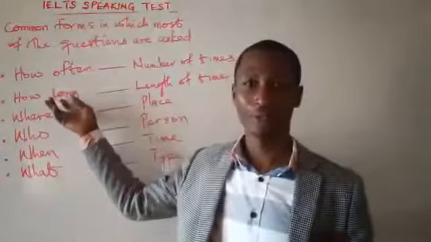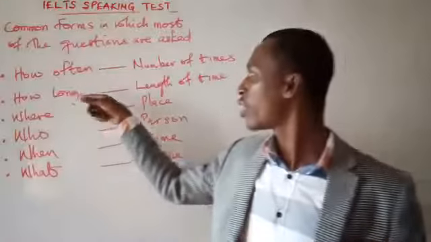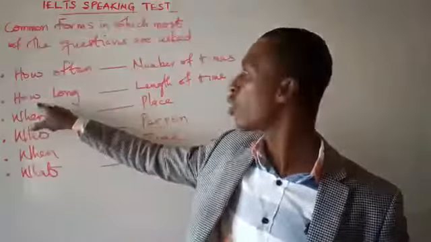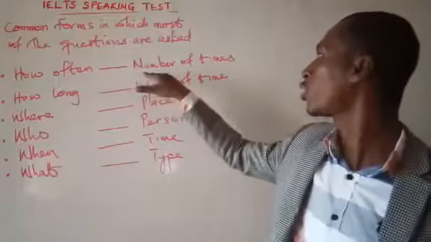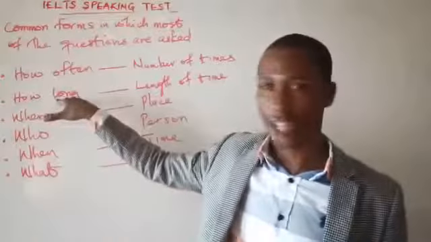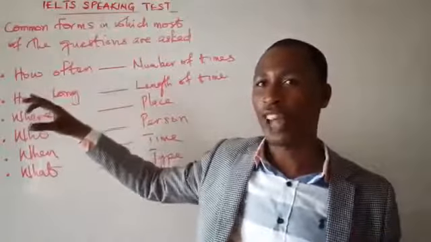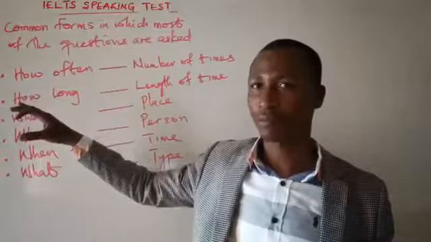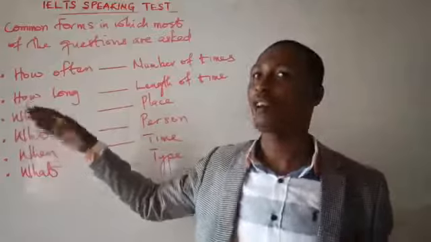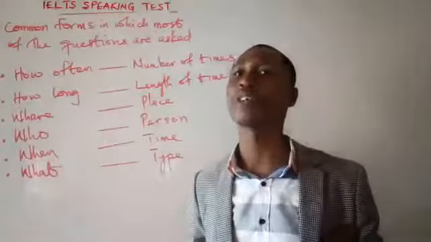How long? In as much as this one starts with how and this one also starts with how, this one is how often, which is talking about the number of times something is done. And how long is talking about length of time, a given duration. So the length of time can be a longer time frame. How long have you been coming here?